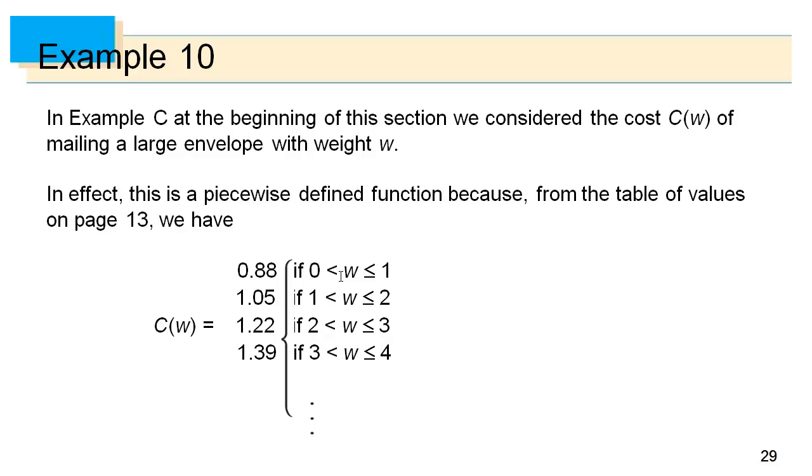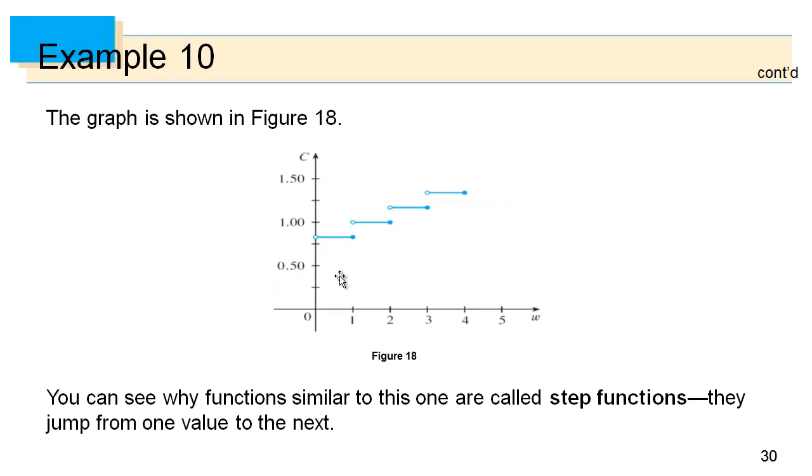Another example, if we go back to the description of figuring out how much it costs to mail an envelope, well, we have these set prices. If the weight's between 0 and 1, probably let's say ounces, it's 0.88. If it's between 1 and 2 ounces, it's $1.05, etc., etc. Then we get what's called a step function, because if you graph it, it looks like stair steps.